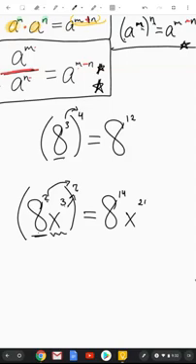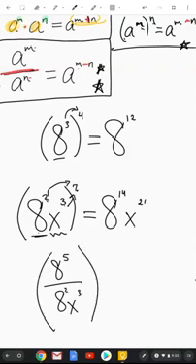So anytime you have something inside parentheses, let me show you one more example of this. Even if you have something that looks like, let's say this, okay? And you have parentheses around that entire fraction, and let's say it's raised to the 6th power. Everything inside the parentheses has to get raised to that power.